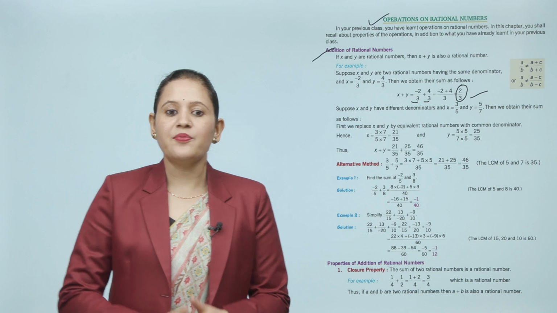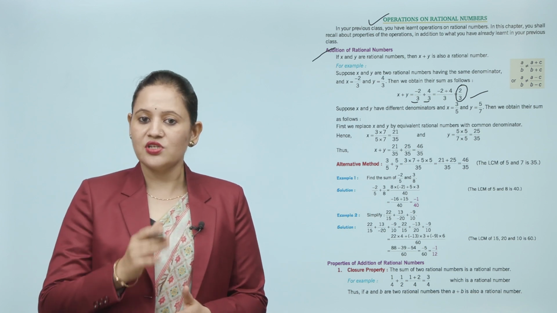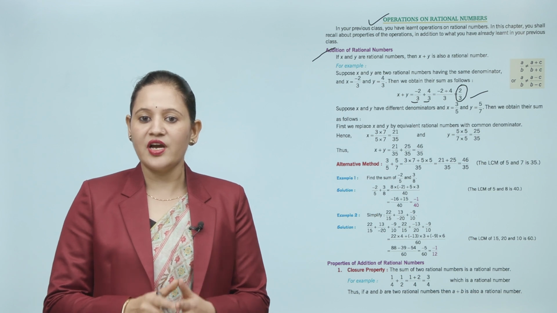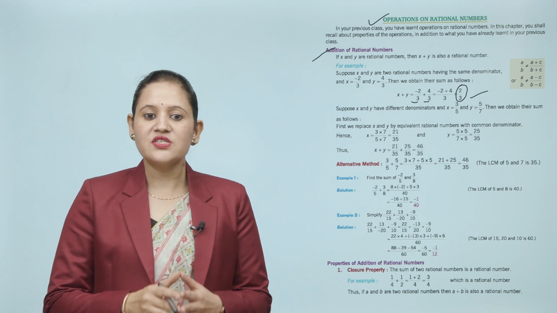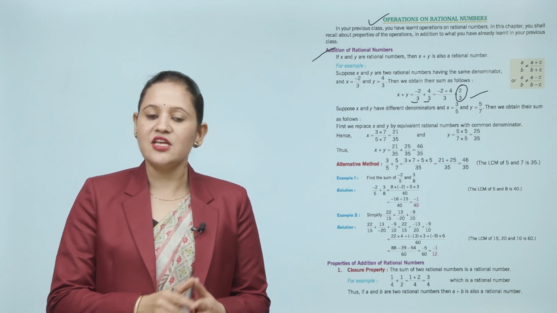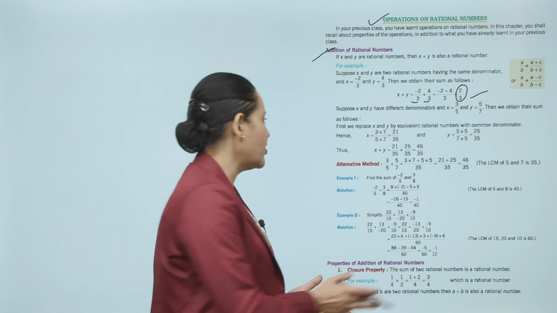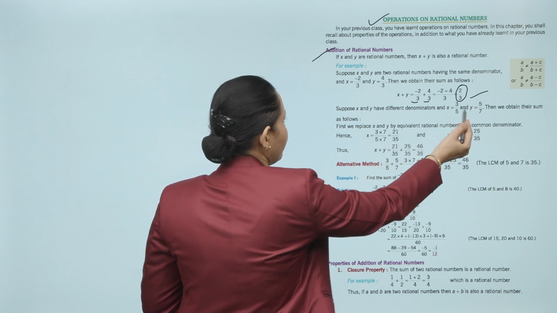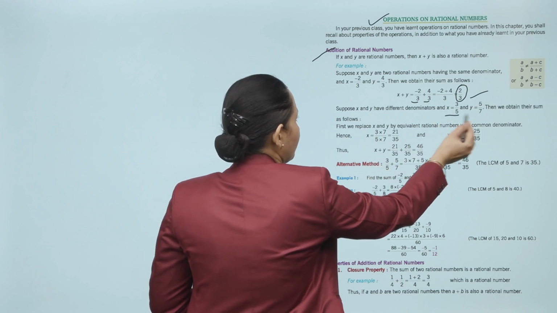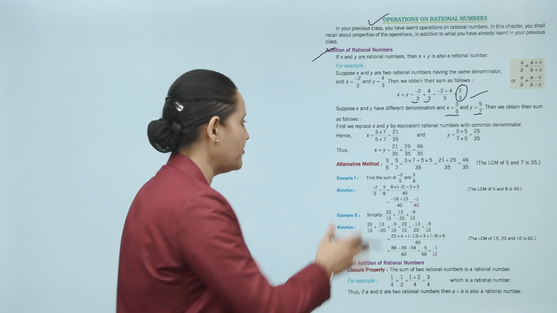Clear? Suppose x and y have different denominators and x equals 3 upon 5 and y equals 5 upon 7. Then we obtain their sum as follows. First we replace x and y by equivalent rational numbers with a common denominator. The denominators are different, so first we make the denominators the same, changing to equivalent fractions.